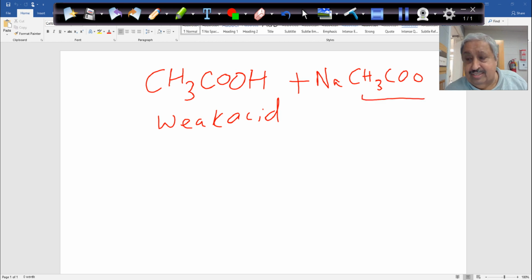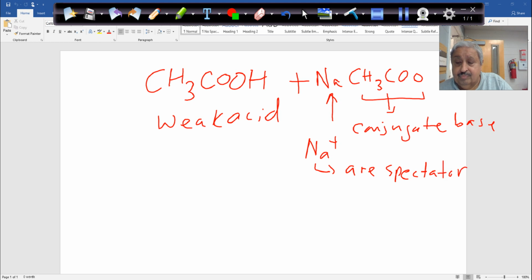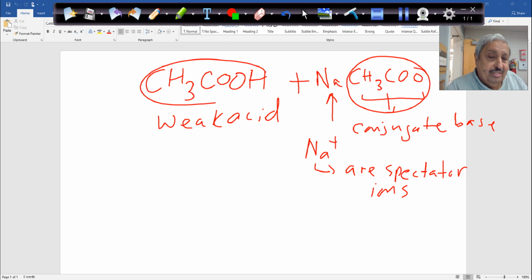The acetate itself is a conjugate base. Sodium has nothing to do with this. Sodium ions are spectator ions. They have nothing to do with the reaction. They are in the solution, but they have nothing to do with this. But the buffer is made really from this and this. Weak acid and its conjugate base.